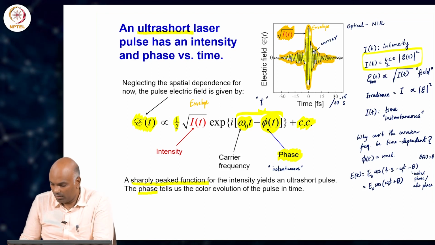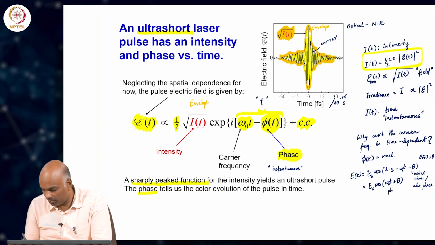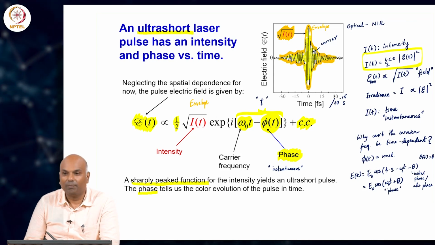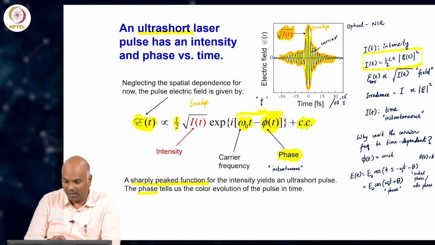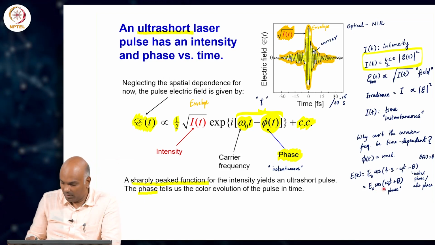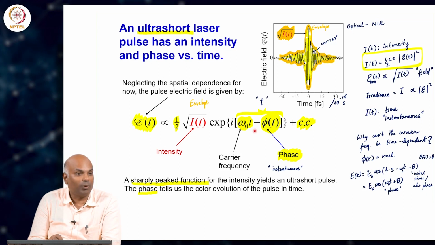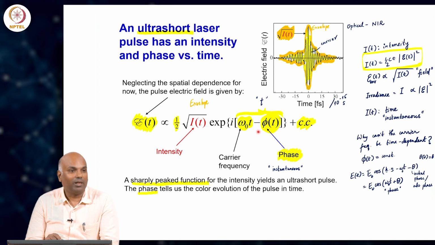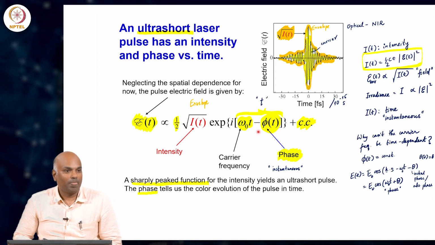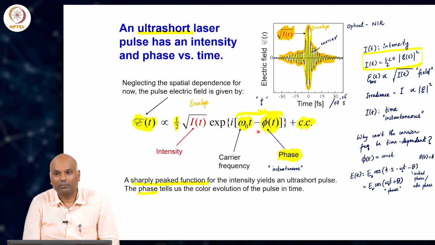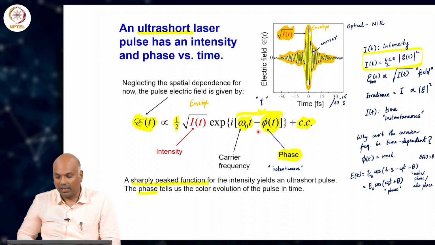So, this is the total phase term, and what do we observe of this total phase term? The phase term at the bottom here is identical to this, provided phi of t is just a constant and it has absolutely no time dependence. Then we are talking the same thing, right. So, the carrier is unchanged.